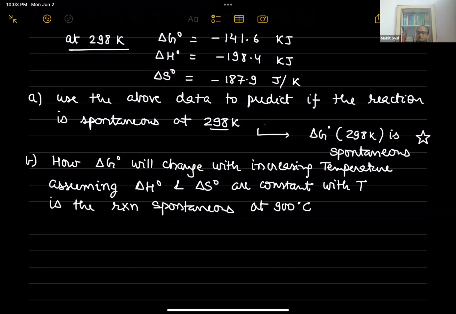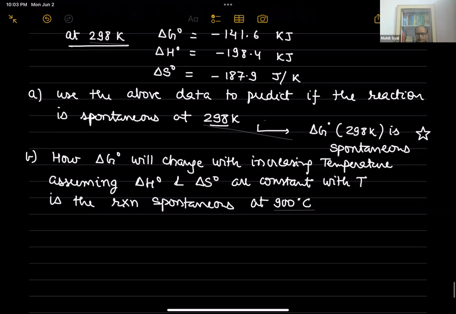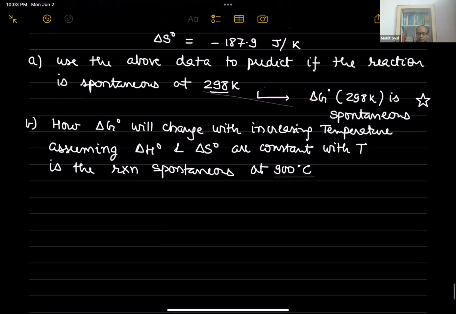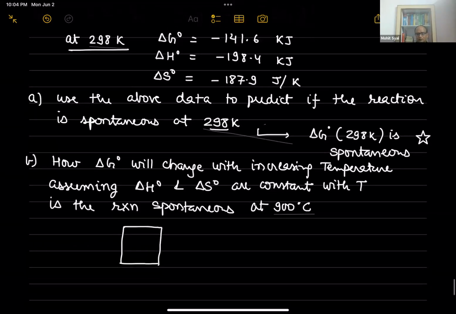So this is clear. Up till this, no ifs and buts, because delta G standard Gibbs energy change is given at 298 Kelvin directly, and it is negative, so it can happen. Now the problem is what will happen at some other temperature. Suppose you are doing this reaction, and it is told that the delta H and delta S for the reaction are constant.